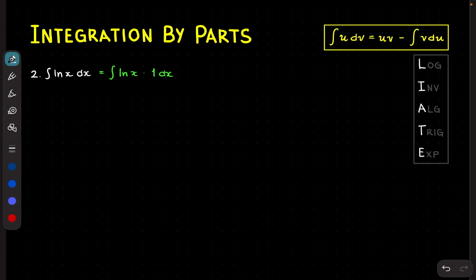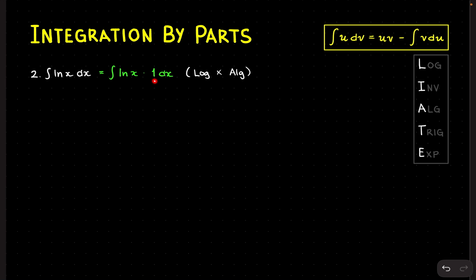So once we have this, again, like earlier, we inspect. This time our product is logarithmic times algebraic. 1 is algebraic because you can always view 1 as x raised to 0. Okay, so that's just about it.